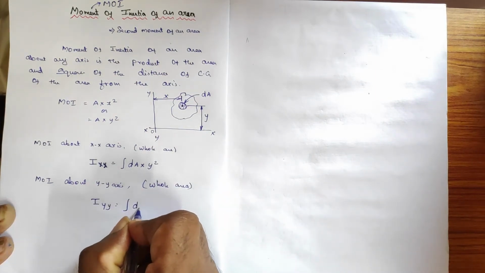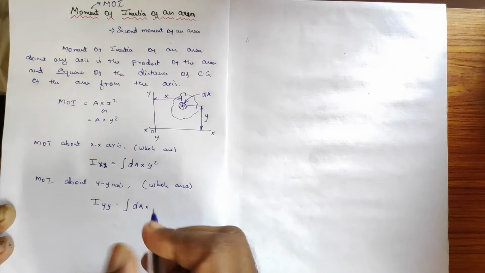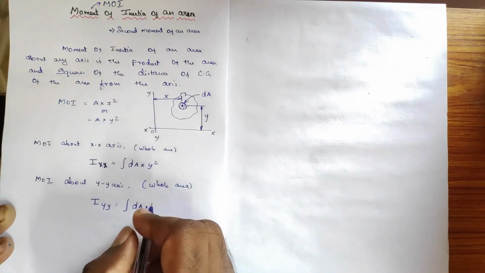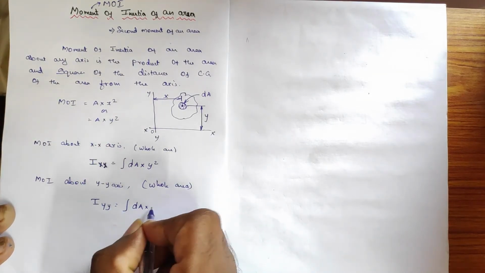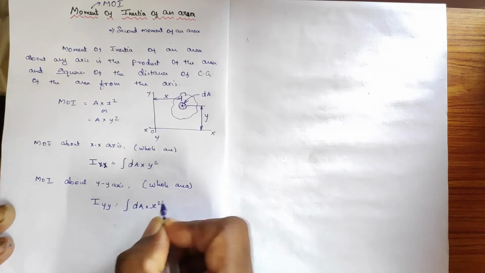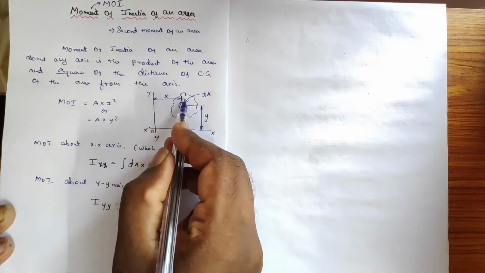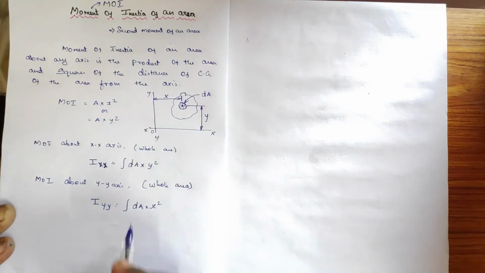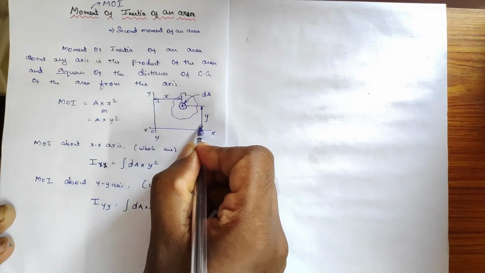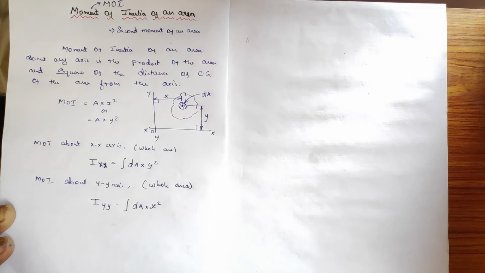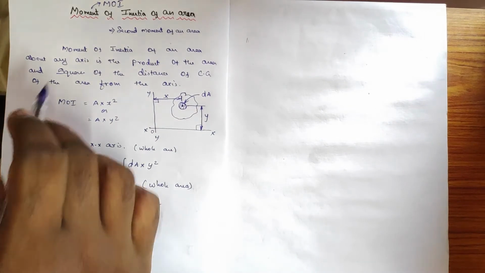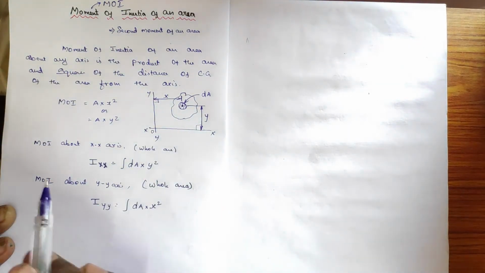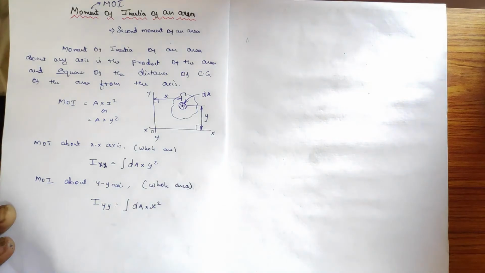Here the perpendicular distance is x square for the y axis, and y square for the x axis. Can you understand it? I hope you are getting it. Just keep it in your mind: moment of inertia of an area is nothing but the second moment of an area.